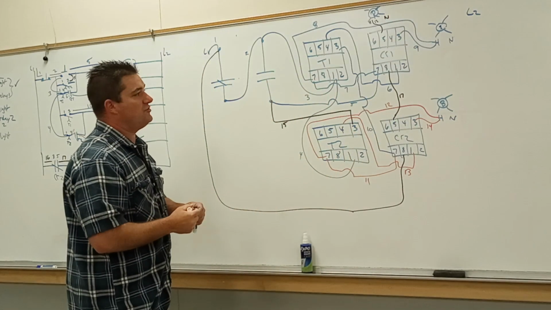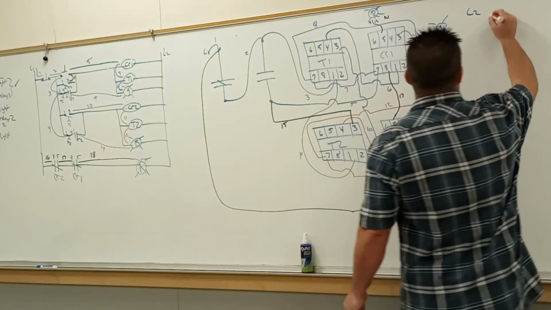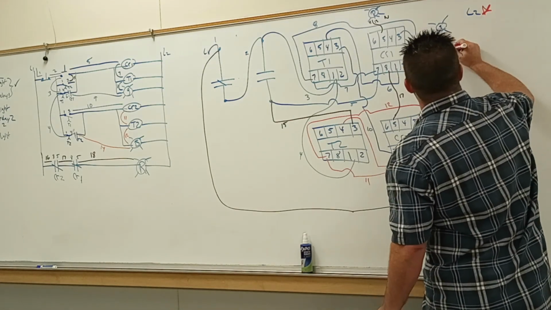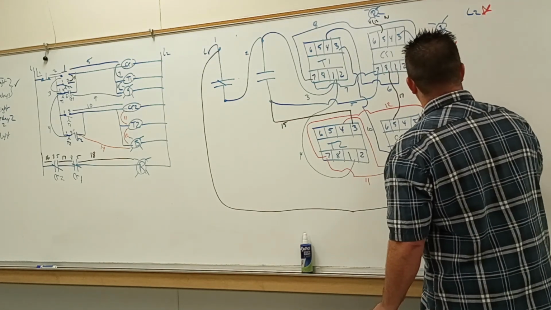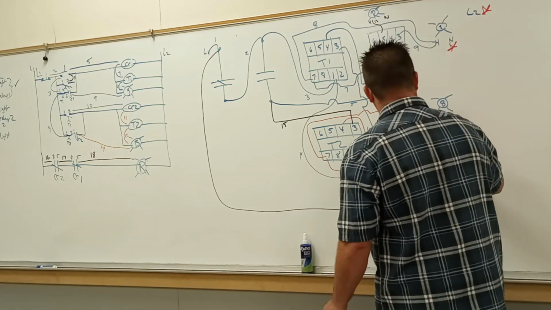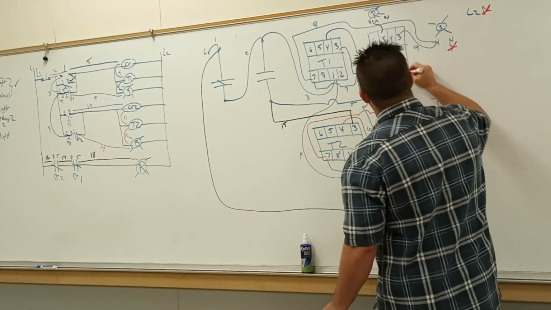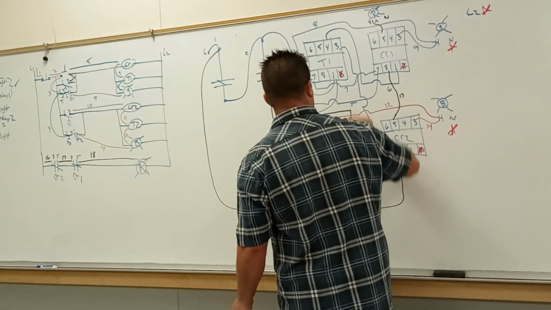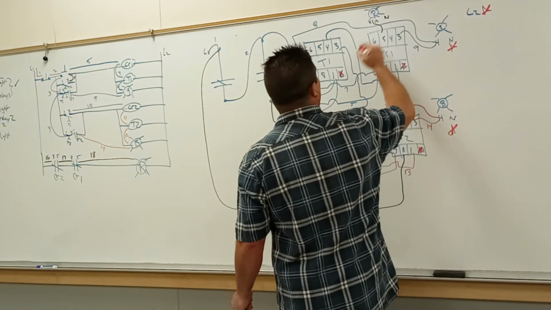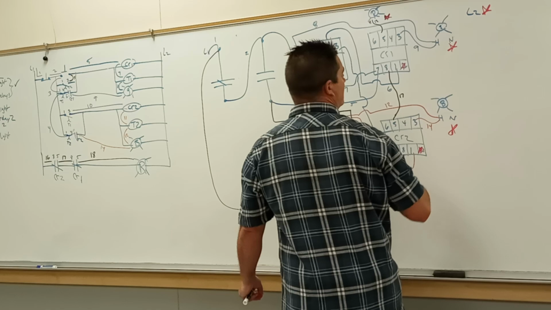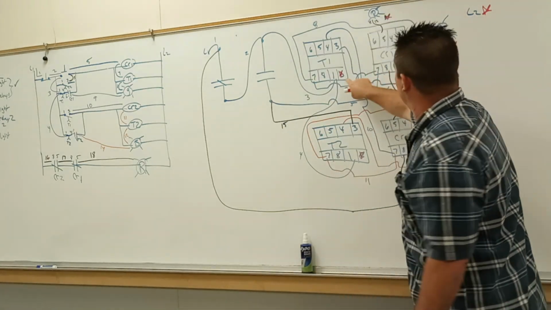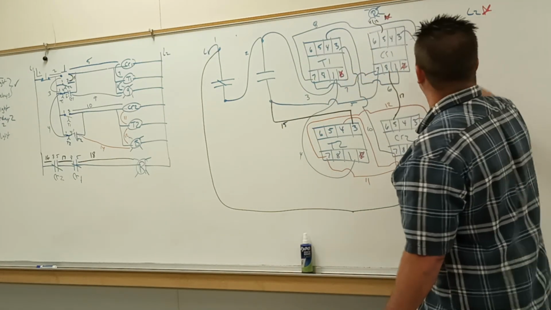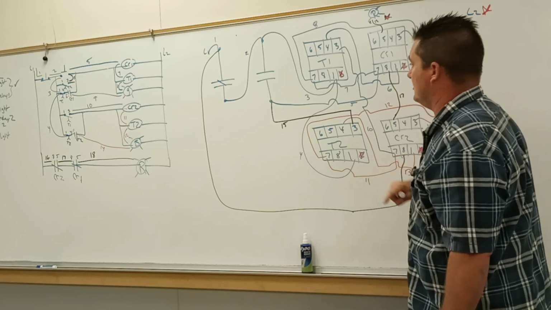For all of our neutrals, I'm just going to draw a star. That way you know where all of your neutral wires are going to go. Neutral, neutral, neutral, neutral, neutral, neutral, neutral.